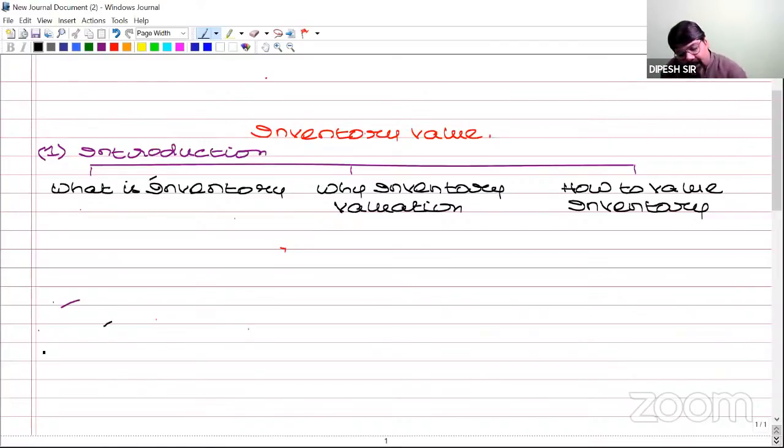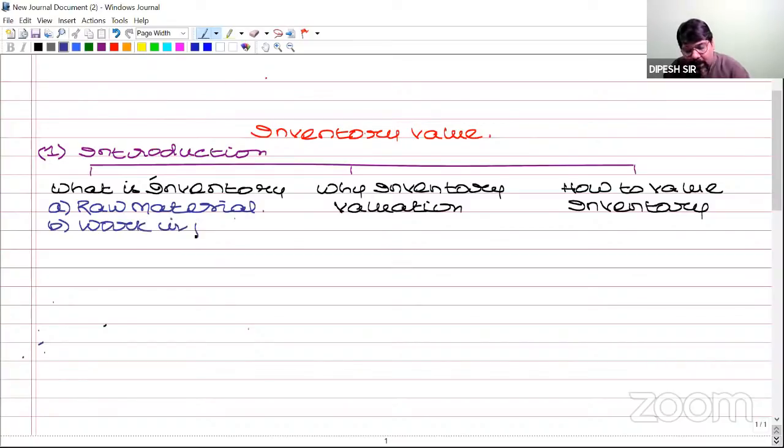What is inventory? I told you inventory is: one, A, raw material; B, work in progress, that is semi-finished goods or incomplete units which will get completed with further production process.